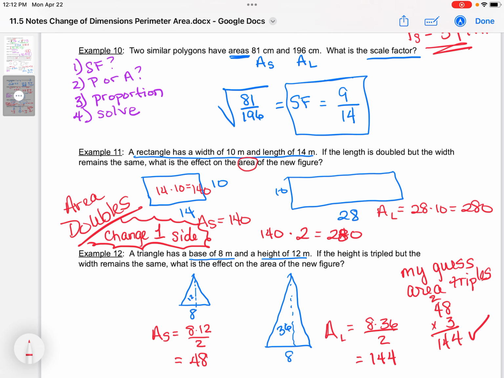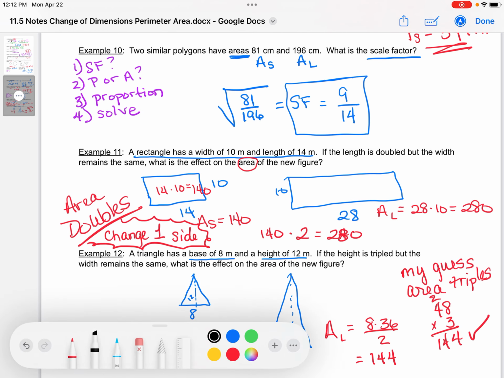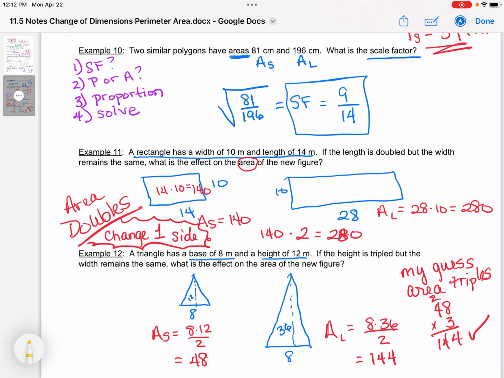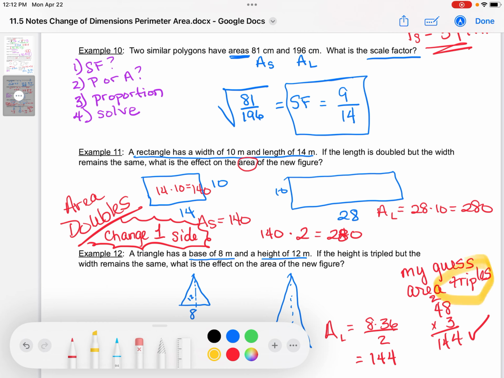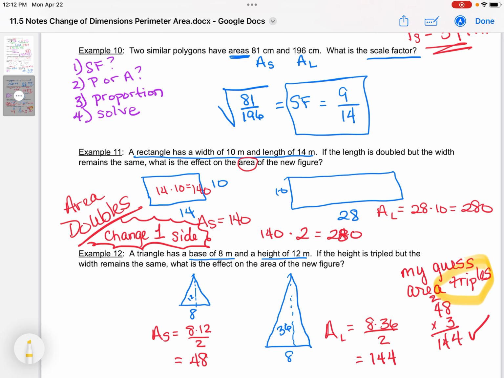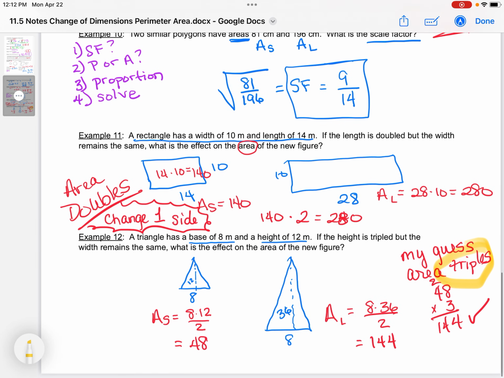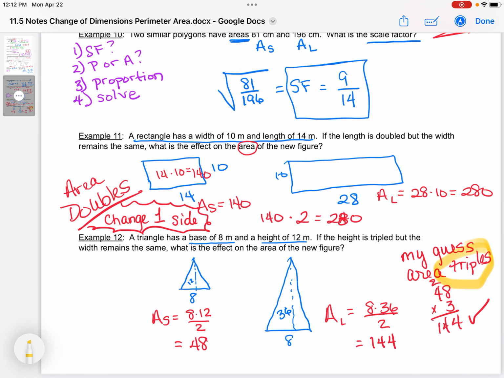Because again, we just changed one side. And so the area is changing by a doubling or a tripling. If I change both sides, then it becomes a square instead of like a double, which I guess makes sense.